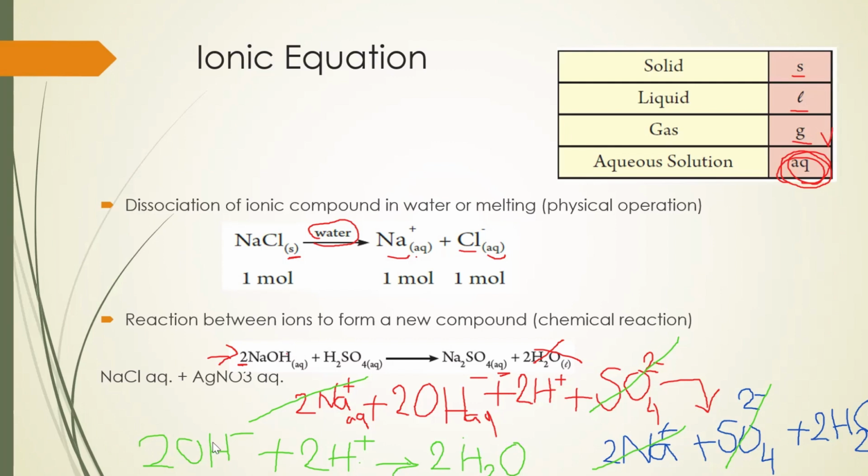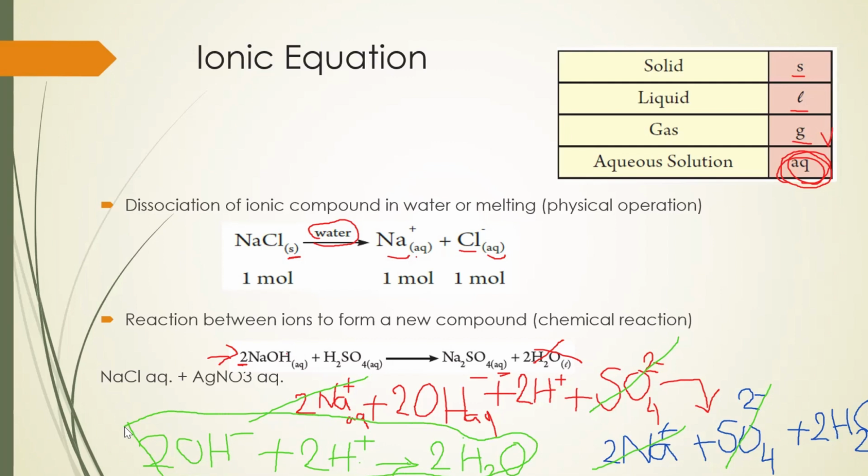And this is the final ionic equation. So finally, we have 2 hydroxide ions with 2 protons giving us 2 water molecules. Okay, and this is the ionic equation.